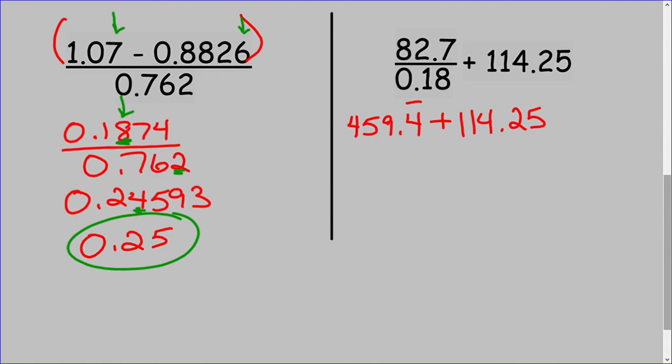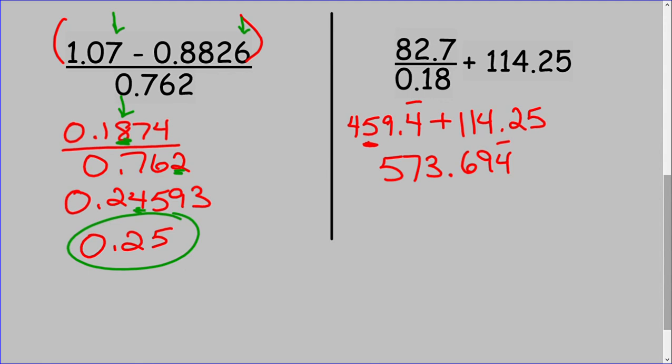Now, if I do the division step here, I can see that I've got 2 significant digits because 82.7 has 3, 0.18 only has 2. So if I have 2 significant digits here moving forward, that actually becomes my place value in my next step when I'm adding these together. So add them like normal. You're going to get 573.694 repeating.